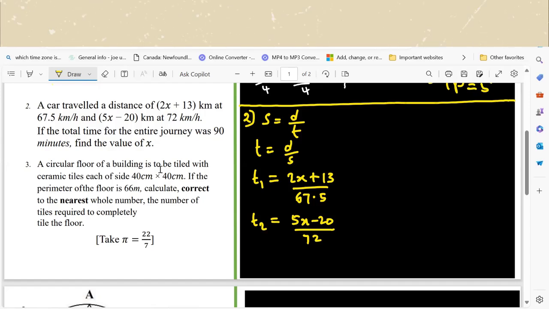Now, we are told that the total time for the entire journey was 90 minutes. That means T1 plus T2 will give us 90 minutes.